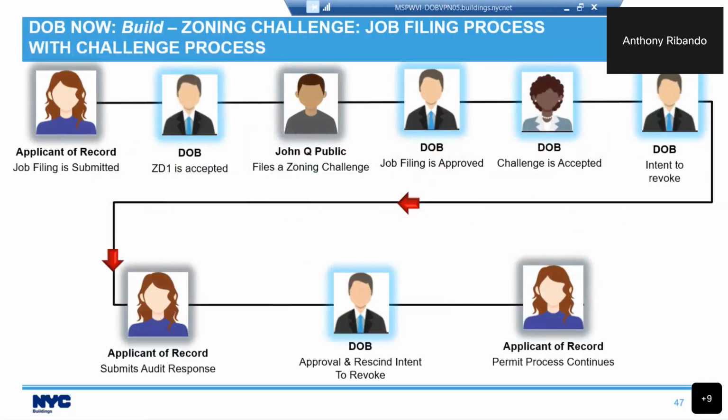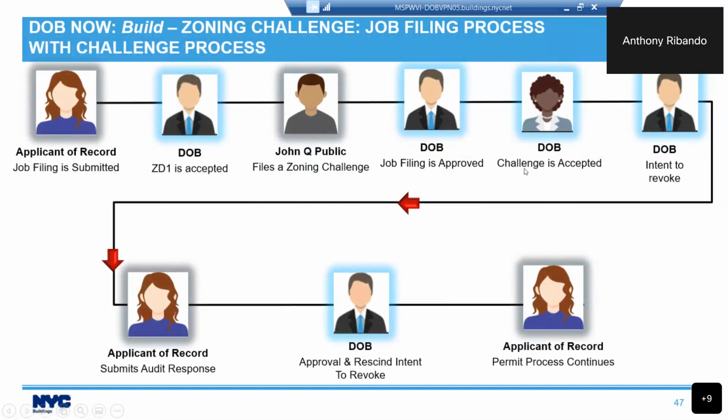Now, this is the job filing process with the challenge process. So first off, the job filing is submitted by our applicant of record. The DOB will then accept the ZD1 document. Now, John Q. Public may come along and file a zoning challenge. If that is the case, the DOB will take a look at the job filing and approve it.